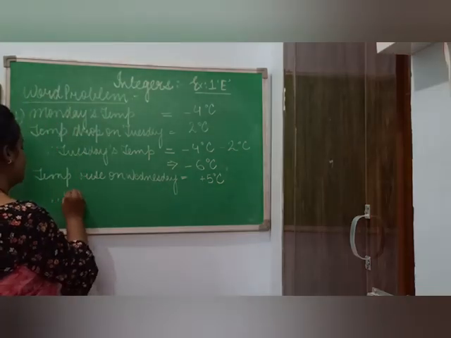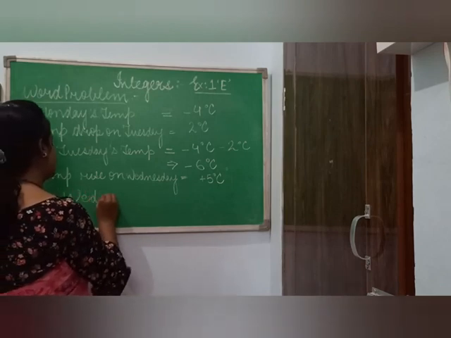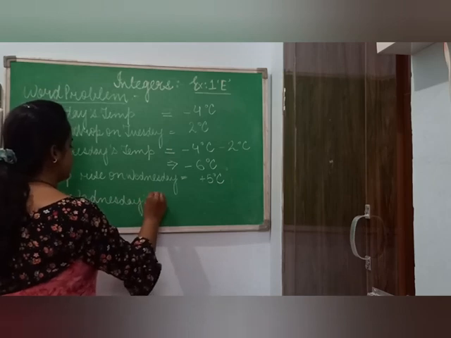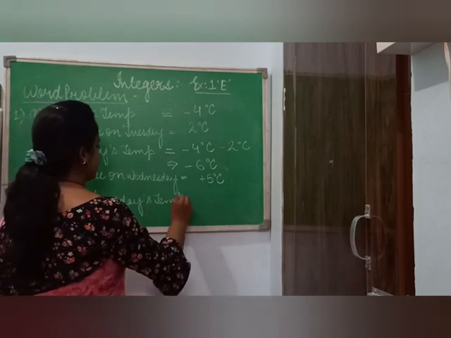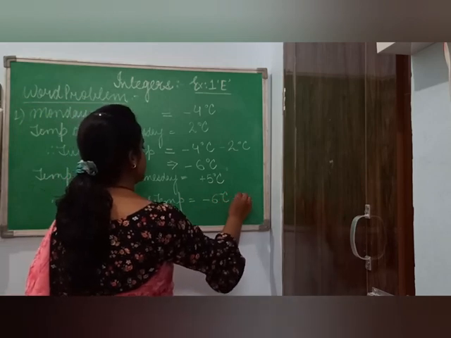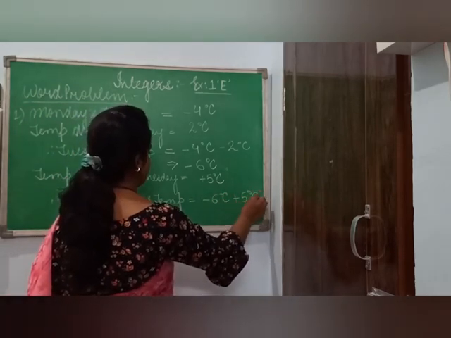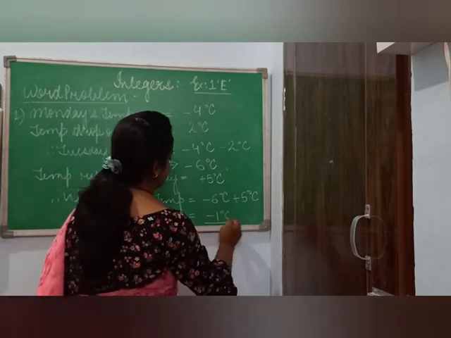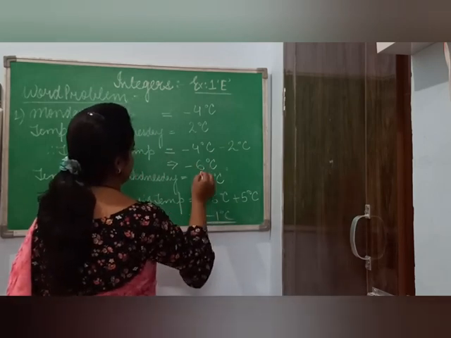Therefore, Wednesday's temperature will be minus 6 degrees centigrade plus 5 degrees centigrade, that is minus 1 degree centigrade, which is our required answer.